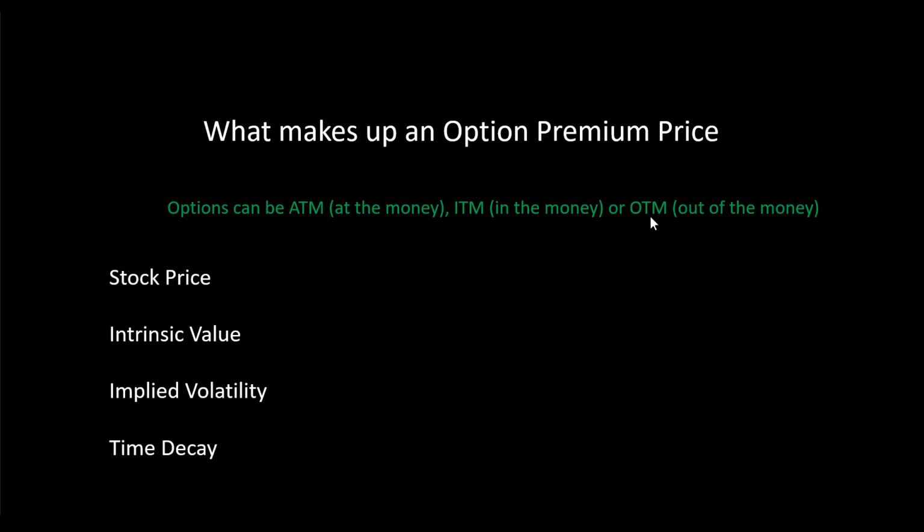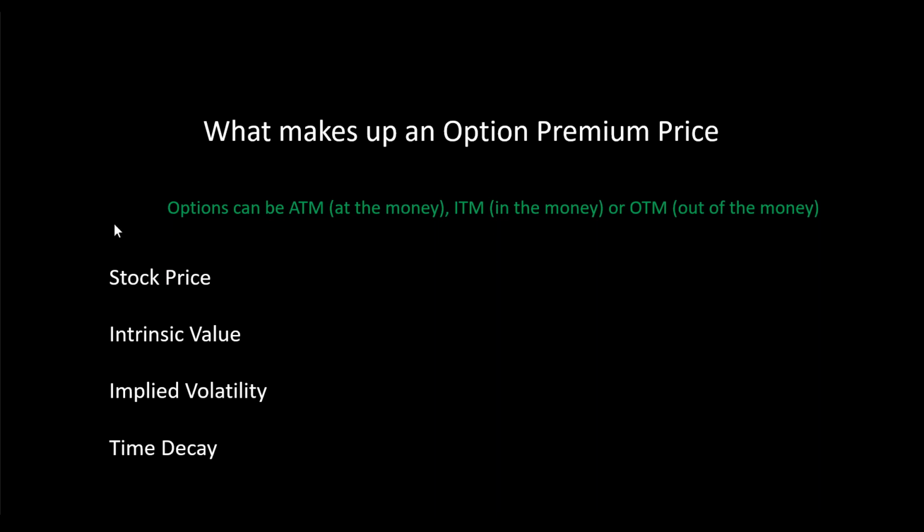And if you buy a $105 call when Microsoft's trading at 100, that's an out of the money call. That means the stock has got to move up $5 just to get to your strike price, right? So that's what at the money, in the money, and out of the money mean. And this is important because there's certain options you should be buying and certain ones you shouldn't be buying.